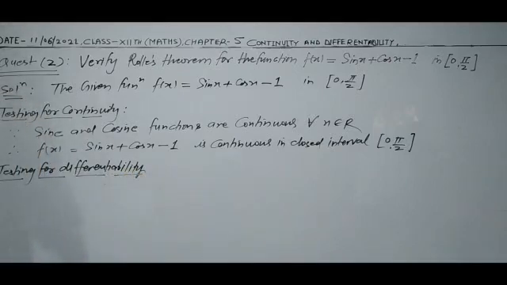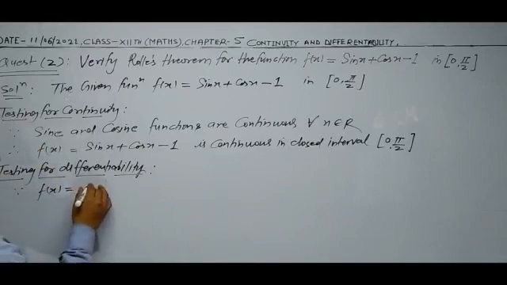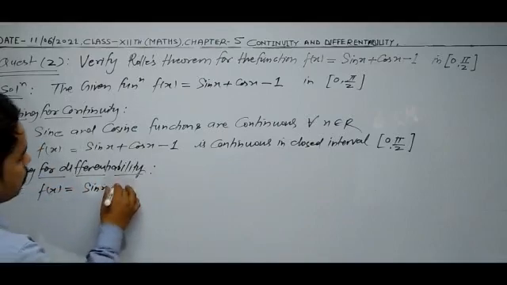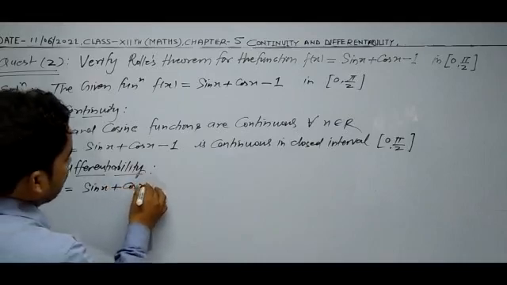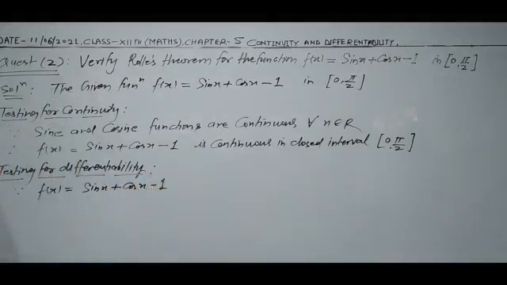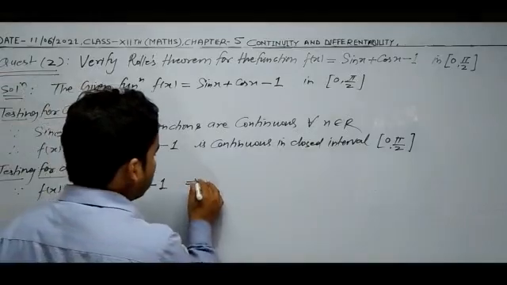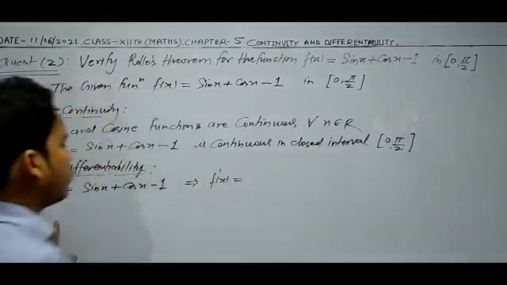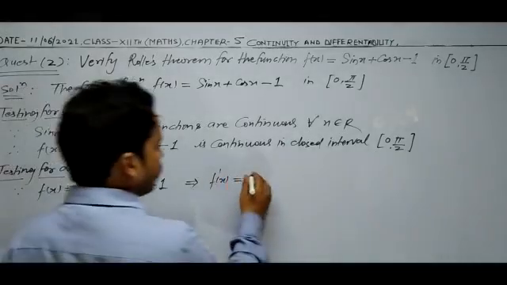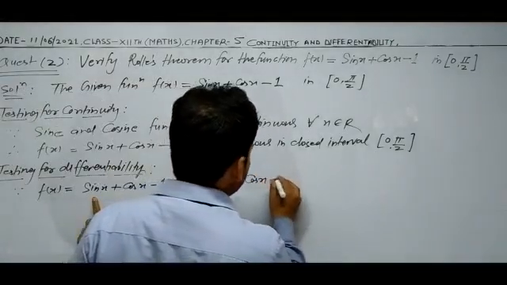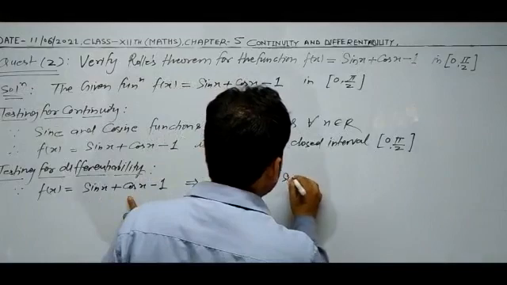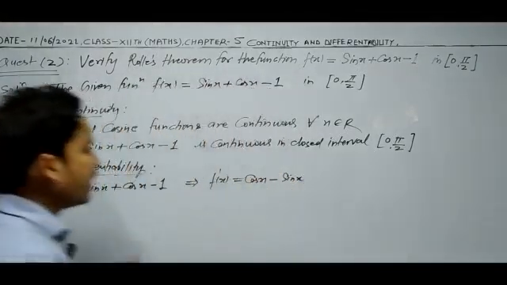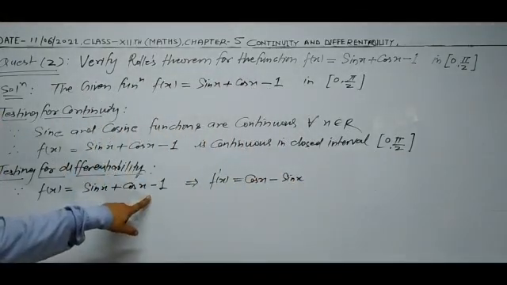Testing for differentiability. Since function f(x) is equal to sin x plus cos x minus 1, this implies f dash x is equal to, sin x differentiation you know, cos x, and cos x differentiation you know, minus sin x, and the minus 1 result will be 0.